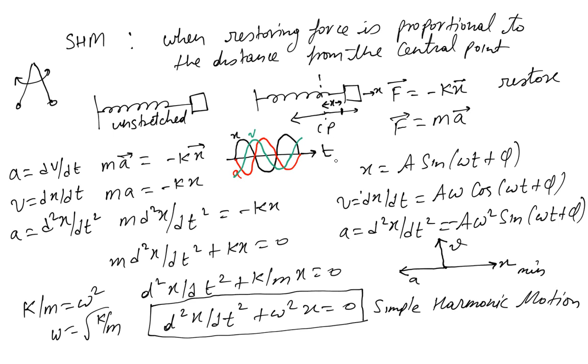And this is a summary of simple harmonic motion. This is the equation simple harmonic motion follows. This is the solution for the distance or any variable that is causing the simple harmonic motion, the variable which is changing, and A is the maximum value of that variable.